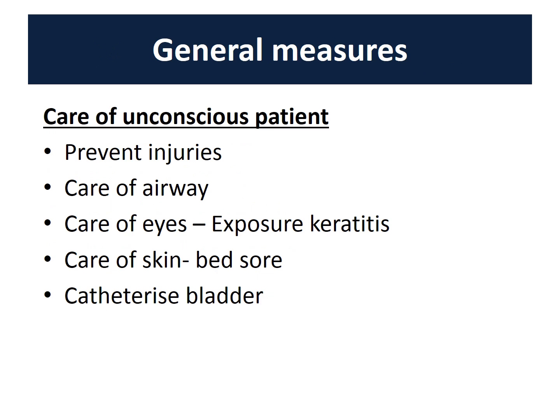General measures in eclampsia are similar to the care of an unconscious patient. During a convulsion, prevent injury by falling from the bed or falling on a sharp object in the surrounding. She may aspirate from her own vomitus, or the tongue may fall backward and obstruct the airway.